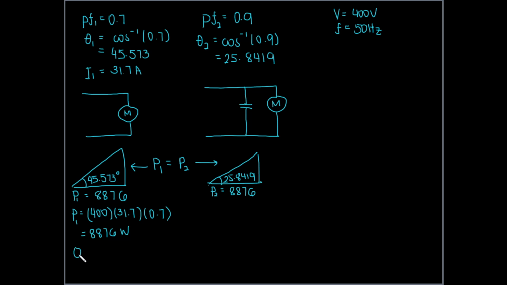Therefore, q is 8876 tangent of 45.573, equal to 9055.3325.